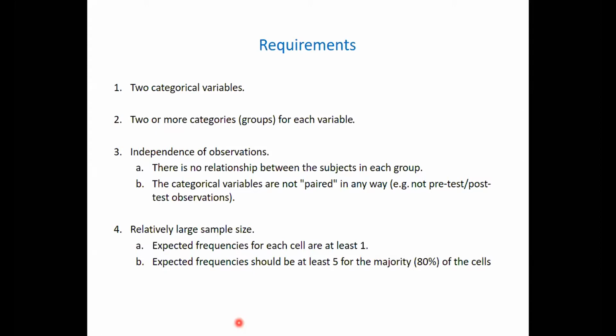Now, the requirement for doing this chi-square, especially the Pearson chi-square: the variables must be categorical. That is why chi-square is for association between categorical variables. If the two variables are not categorical, the only thing you can do is categorize them, like age.